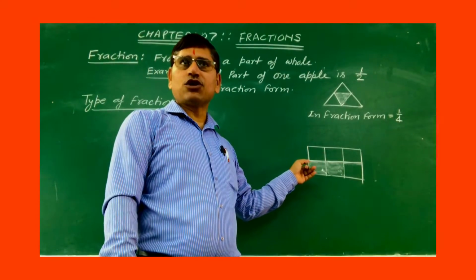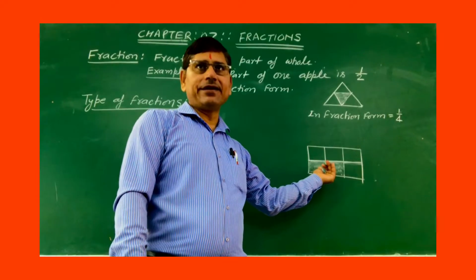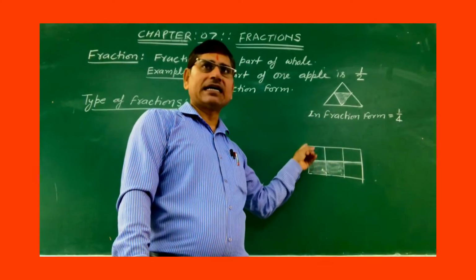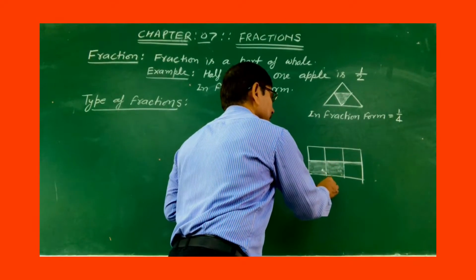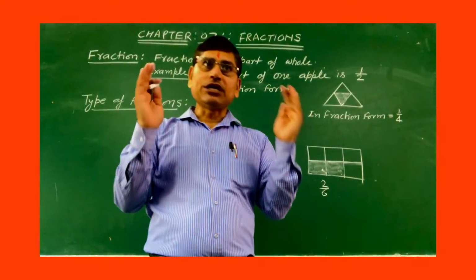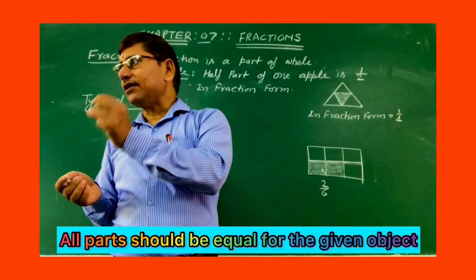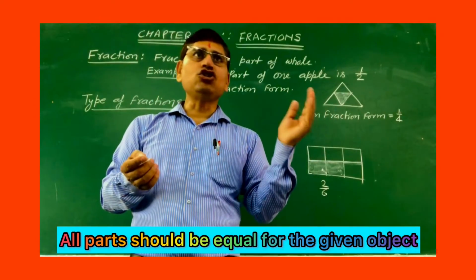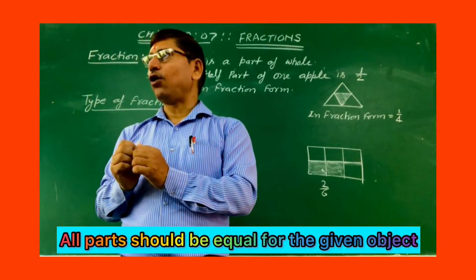Because all parts of this shape are equal, two parts are shaded and total parts are 6. So you can represent this shaded portion as 2 by 6. Clear? So if all parts are equal, then you can represent any chosen portion in fraction form.